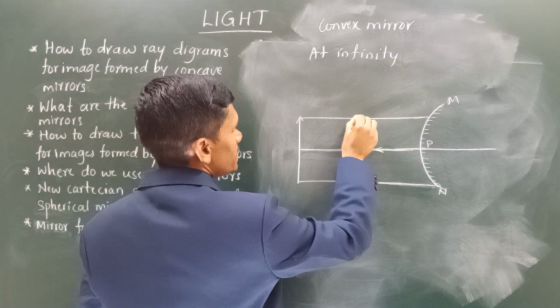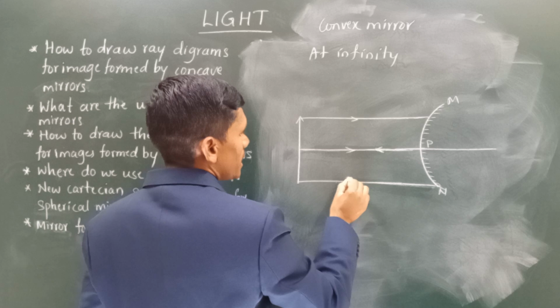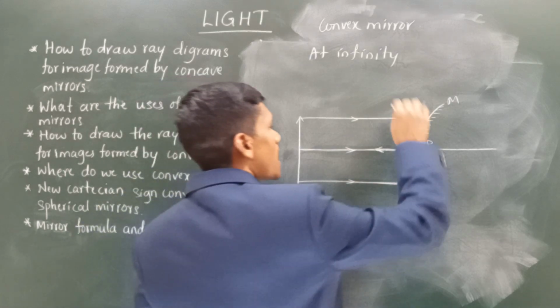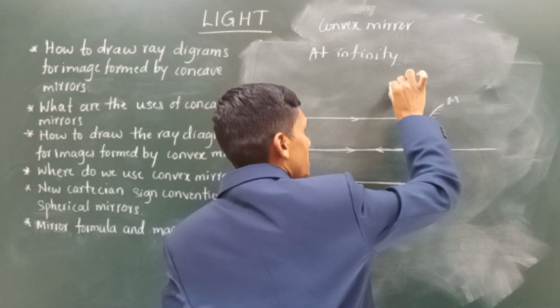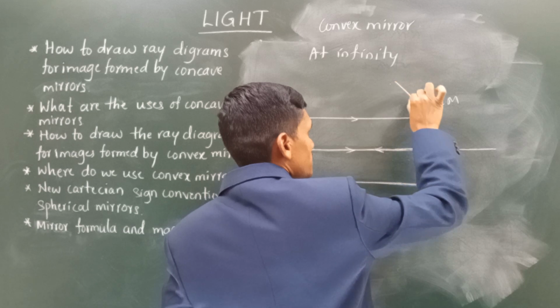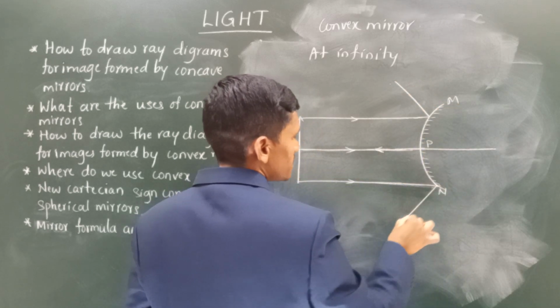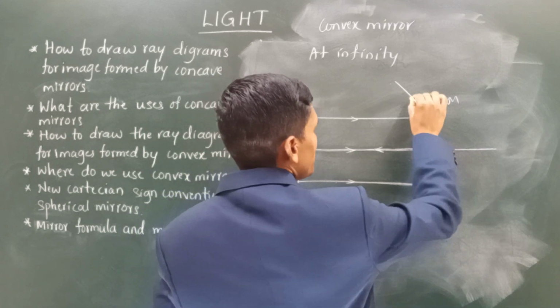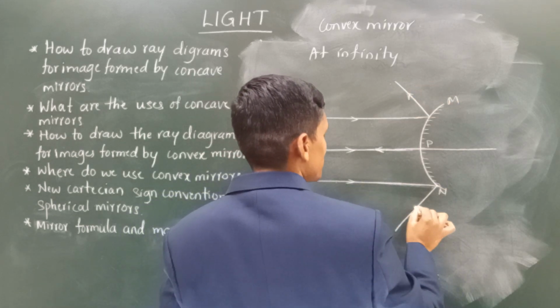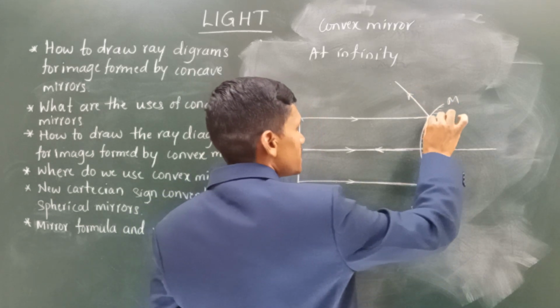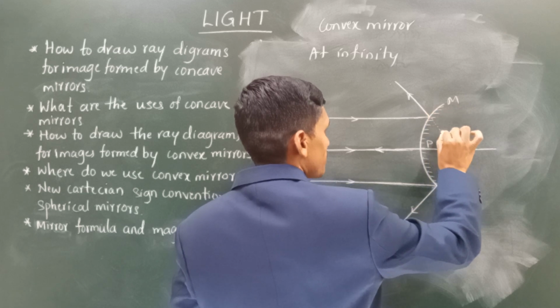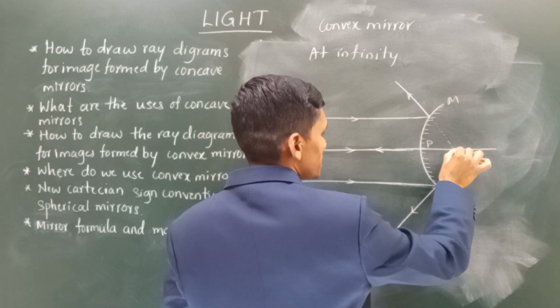Now, the one which is parallel to the principal axis, after reflection, it diverges, right? This ray of light diverges. Here also it diverges. Now, this divergence appears like this: these rays appear to be diverging from a point on the principal axis.